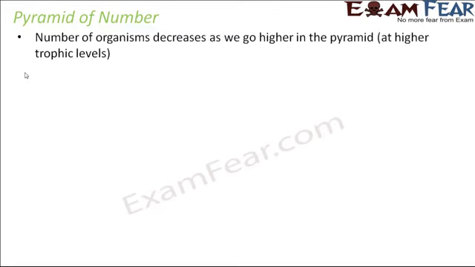So let us start with pyramid of number. This says that the number of organisms decreases as we go higher in the pyramid, at higher trophic levels. As we go up to a higher trophic level, the number of organisms at that trophic level will reduce.